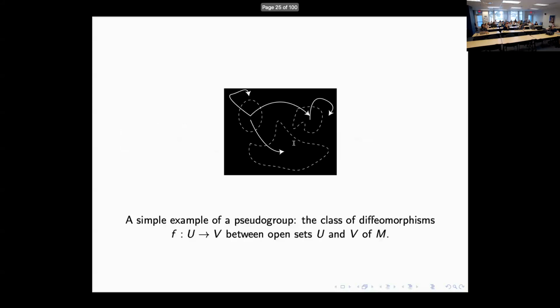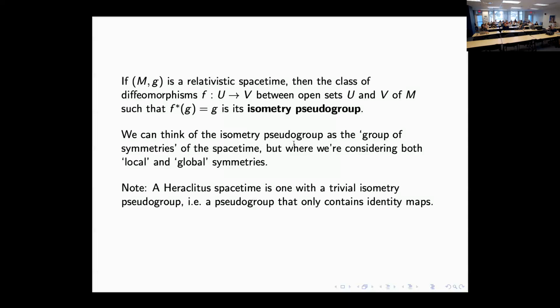Okay, examples. One particularly simple example that will be important in what follows: if you have a smooth manifold M, the class of diffeomorphisms between open subsets of M is a pseudogroup. This is going to be the biggest pseudogroup that we're going to be considering. Another important example: if (M, g) is a relativistic spacetime, then the class of diffeomorphisms between open subsets of your manifold M that preserve the metric g is a pseudogroup.